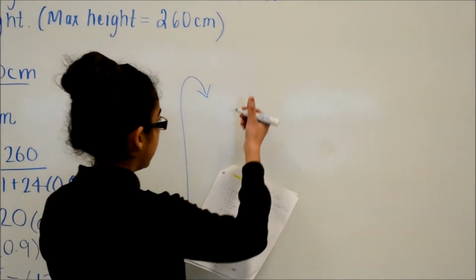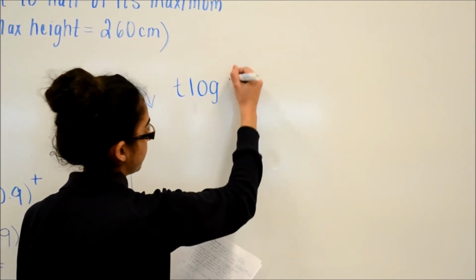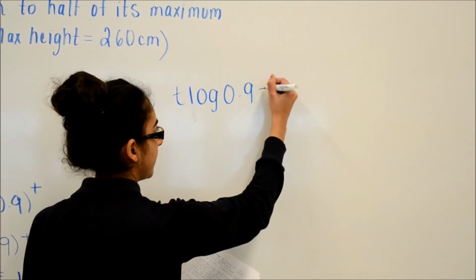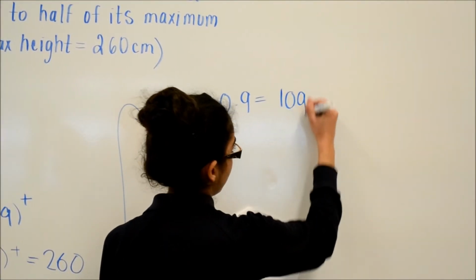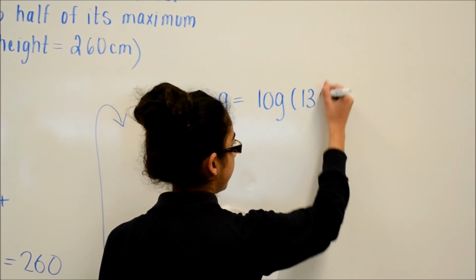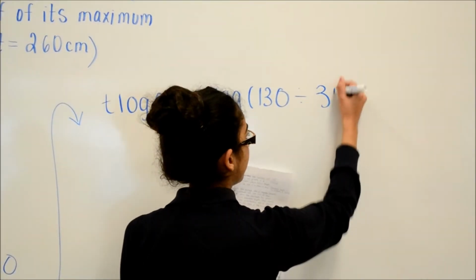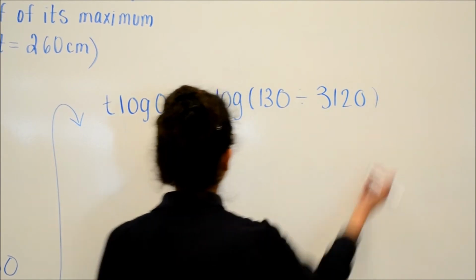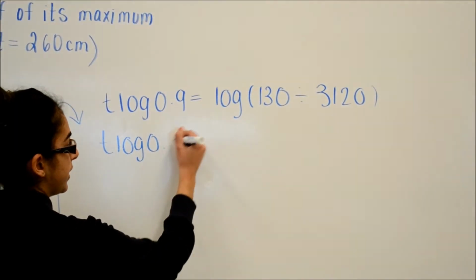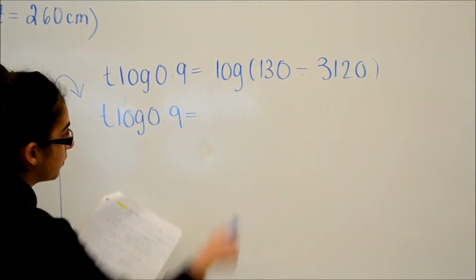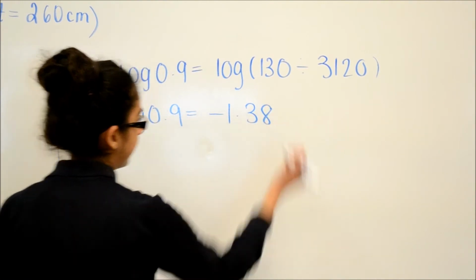So it's going to be t log of 0.9 is equal to the log of 130 divided by 3,120, which, when you figure that out, is negative 1.38, about that.